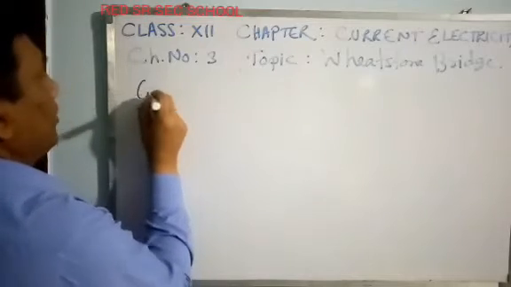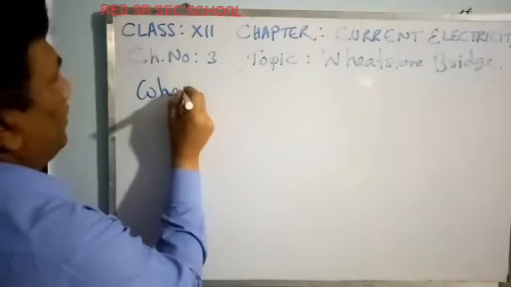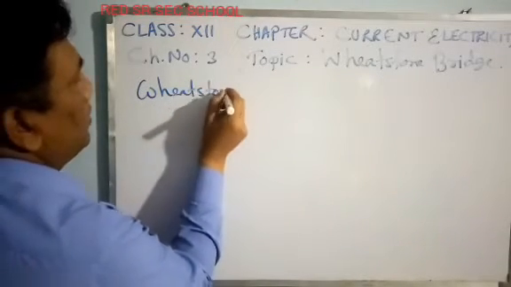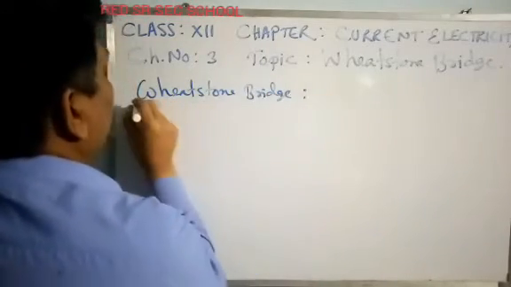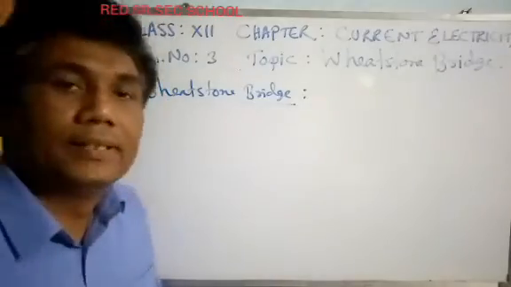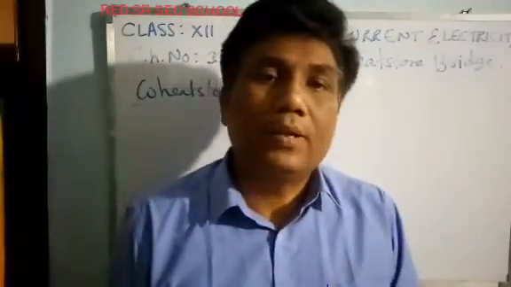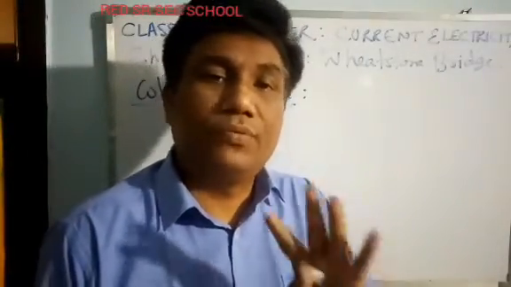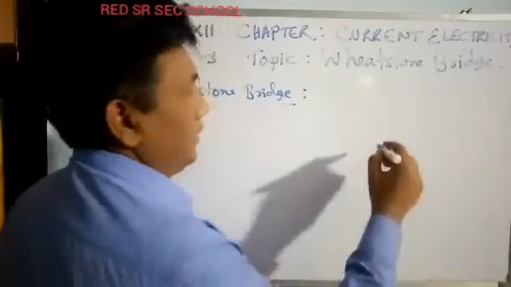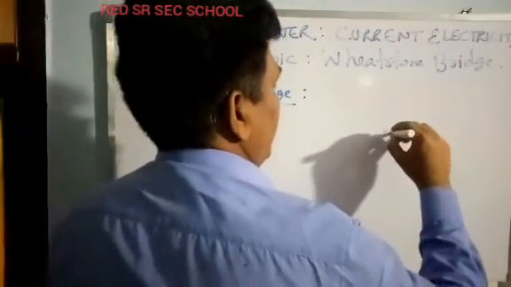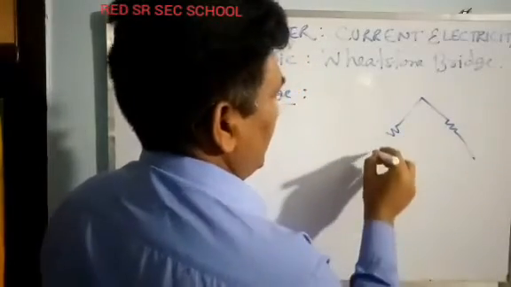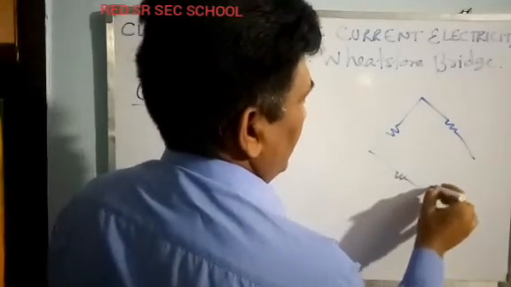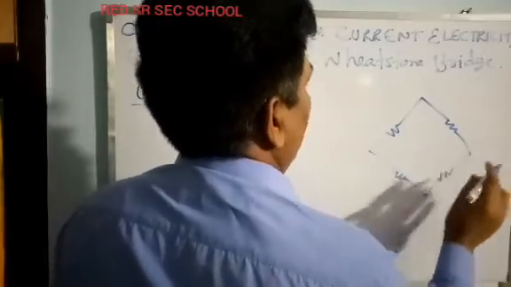So what is the Wheatstone Bridge? It is very simple, guys. It is simply a quadrilateral network of 4 resistors: 1 resistance, 2 resistance, 3 resistance, and 4th resistance.